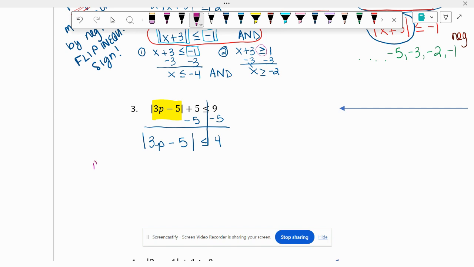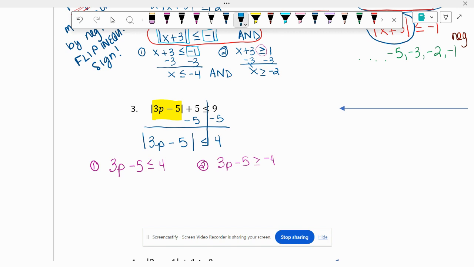I'm going to have to write two inequalities. The first one is just this absolute value inequality without the absolute value bars. 3p minus 5 is less than or equal to 4. The next one has to be the opposite of 4 and flip the sign. 3p minus 5 is greater than or equal to -4.